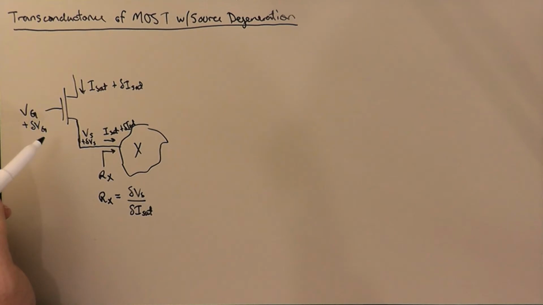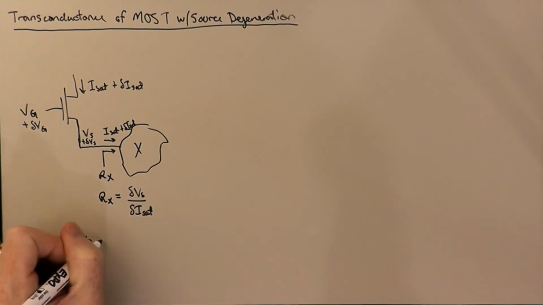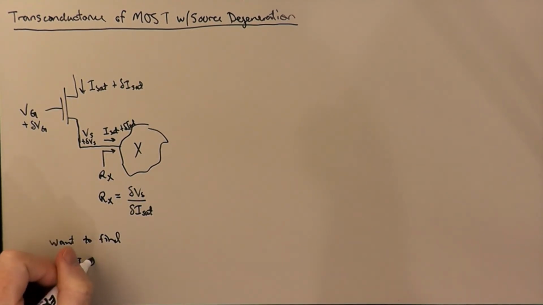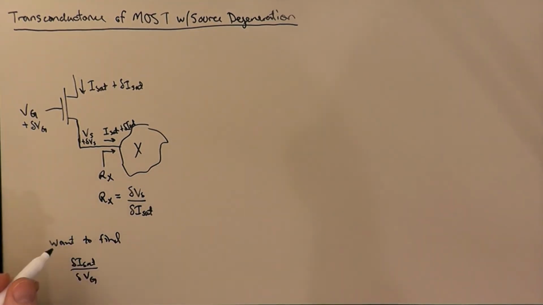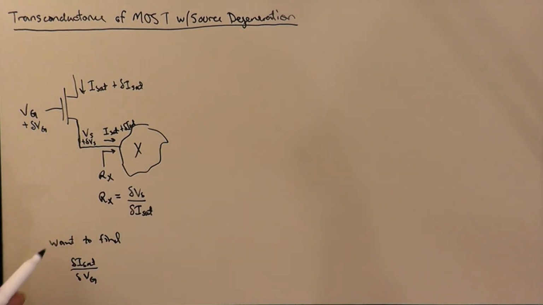But because both the source and the gate are moving, we have to figure out what the effect of the source moving is on the increase in current we get. So we want to find delta I sat over delta Vg in this case, with this finite source degeneration resistance down here.